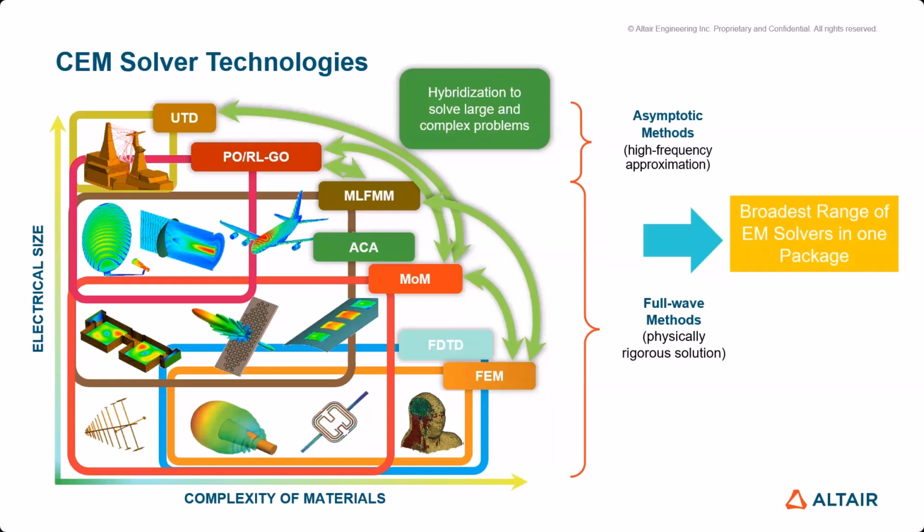What you can do is solve the monopole antenna with a full wave solver like method of moments, and solve the entire ship structure with a high frequency approximation solver like physical optics or ray launching geometrical optics. In this way you get the best of both worlds. You can maintain your accuracy, but also make sure that the runtime and the memory do not exceed beyond a certain point.